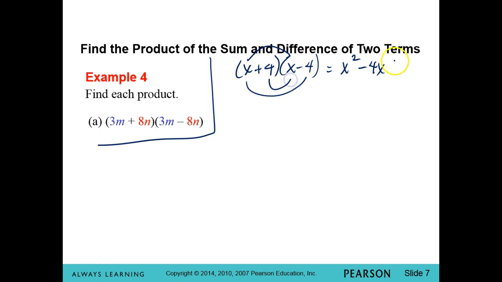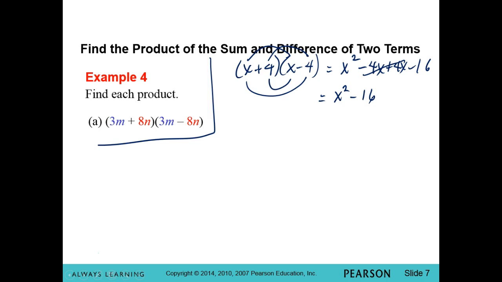Plus 4X, okay. And minus 16. Okay? And then what happens? Magic happens. These two add to 0. And that gives you X squared minus 16.